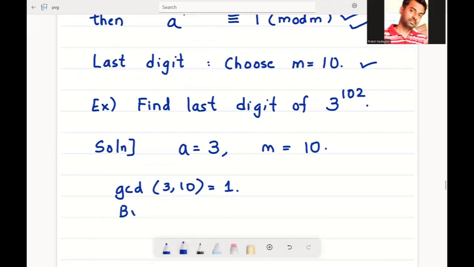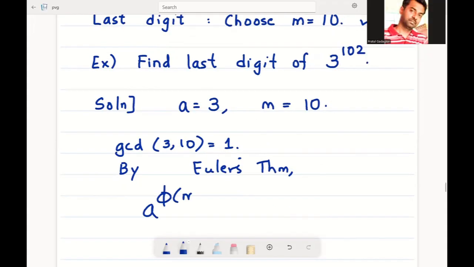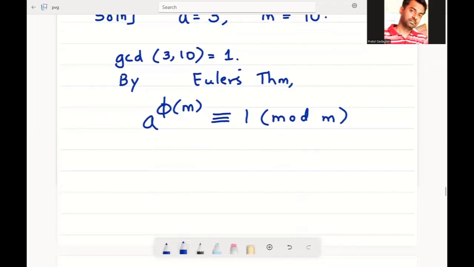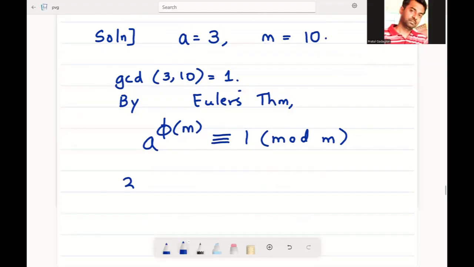By Euler's theorem, a raised to phi of m is congruent to 1 modulo m. This means that 3 raised to phi of 10 is congruent to 1 modulo 10.